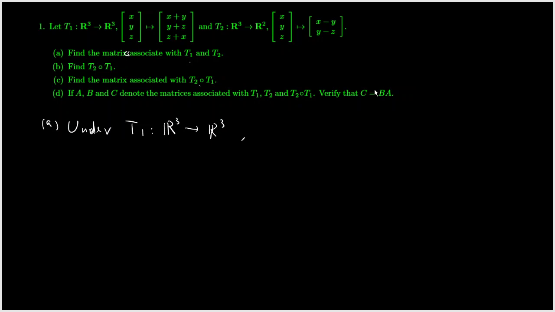Under T1, I prefer to write in something like this. The standard basis vectors in R3: one vector is 1 0 0, the second vector is 0 1 0, and the third one is 0 0 1. I'm trying to write i, j and k in R3, but I'm not using i, j and k, because it's easier to figure out the outputs if I use that form.